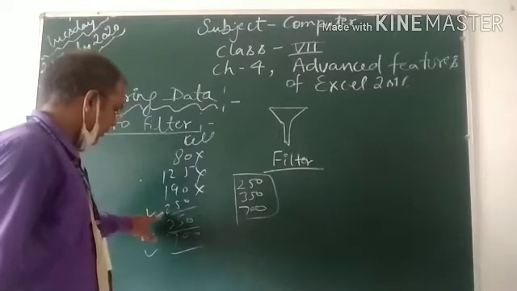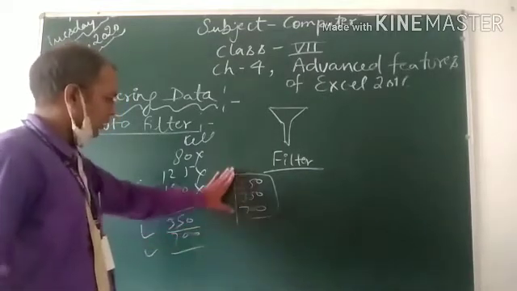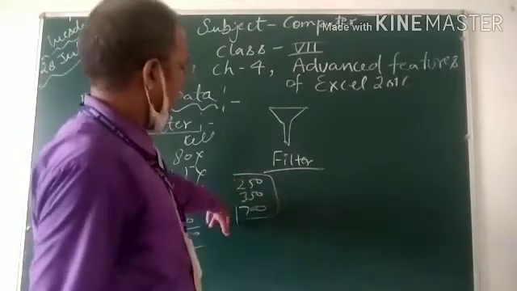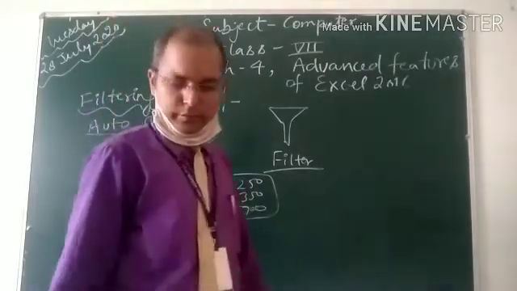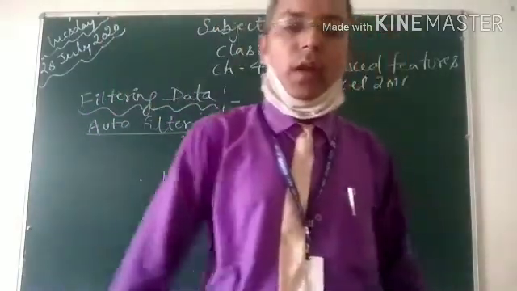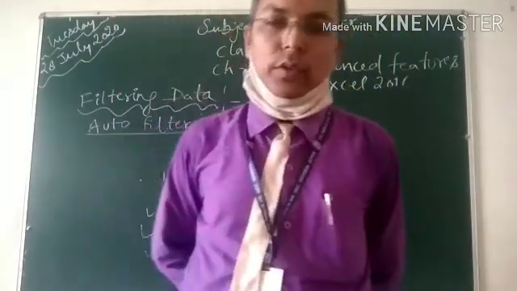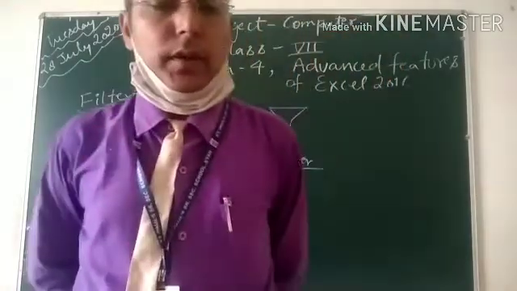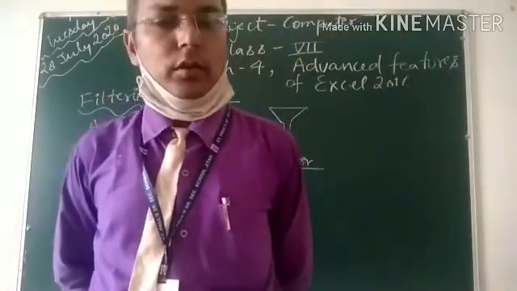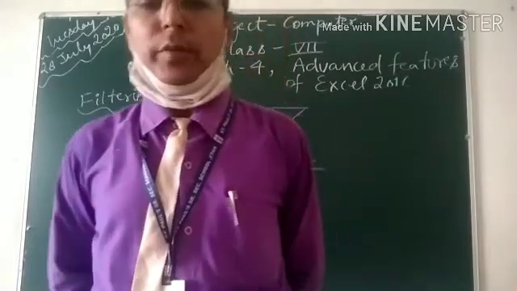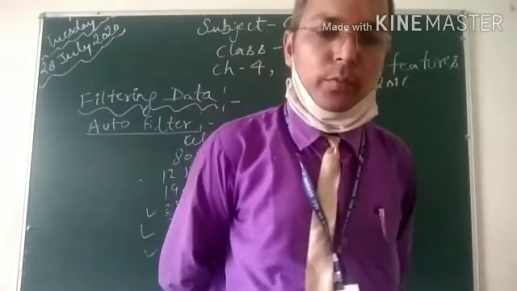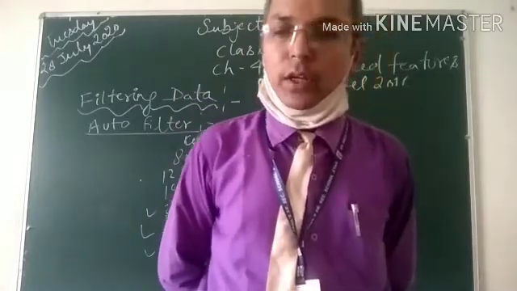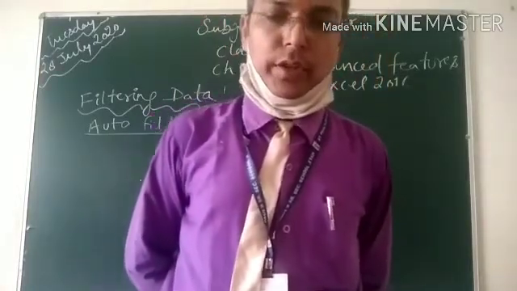Uncheck the values which you don't want to use. The filter will appear on the selected data. You can see both in figure 4.5 and figure 4.6, the filter in the worksheet.